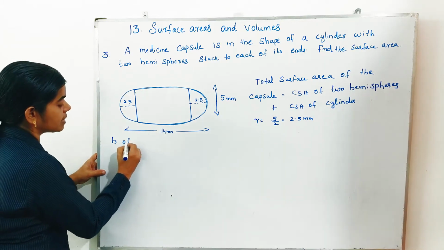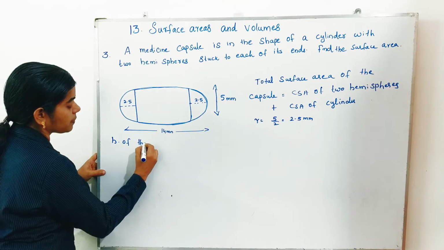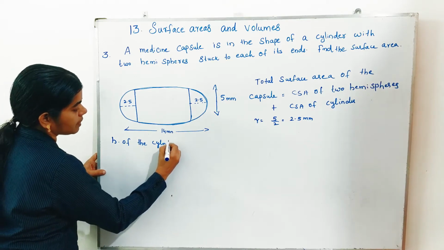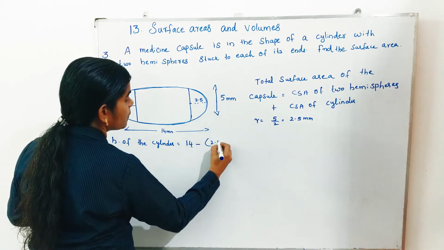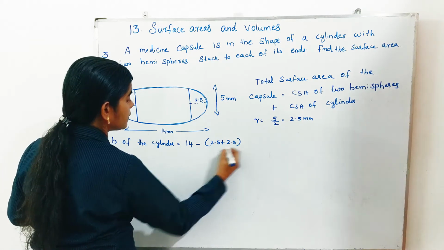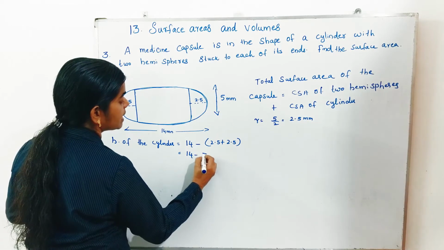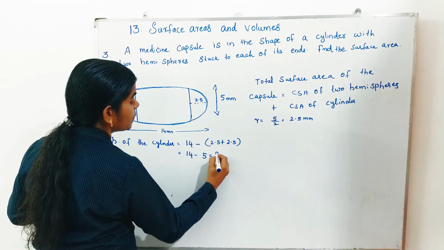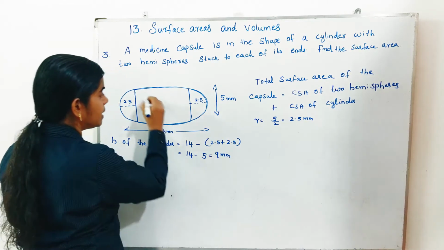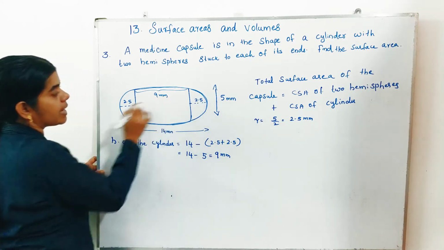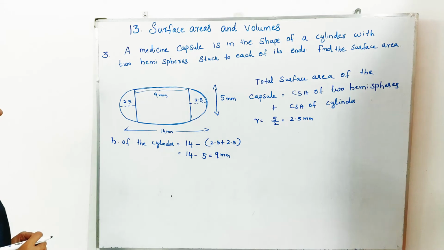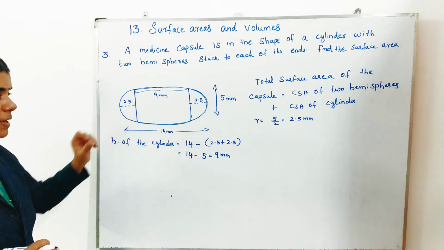Height of the cylinder is equal to 14 minus 2.5 plus 2.5, that is 14 minus 5, that is equal to 9 mm. 9 mm will be the height of the cylinder. Then the radius will be 2.5.